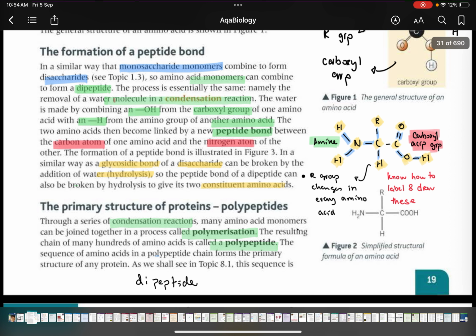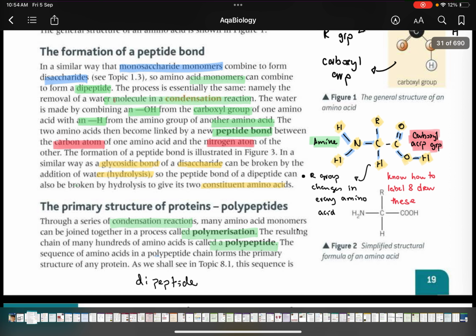So you have the removal of a water molecule in a condensation reaction. We know that a condensation reaction is when a bond forms and a water molecule is released, so H2O. So we have an OH removed from the carboxyl group and an H from the amino group of another amino acid.